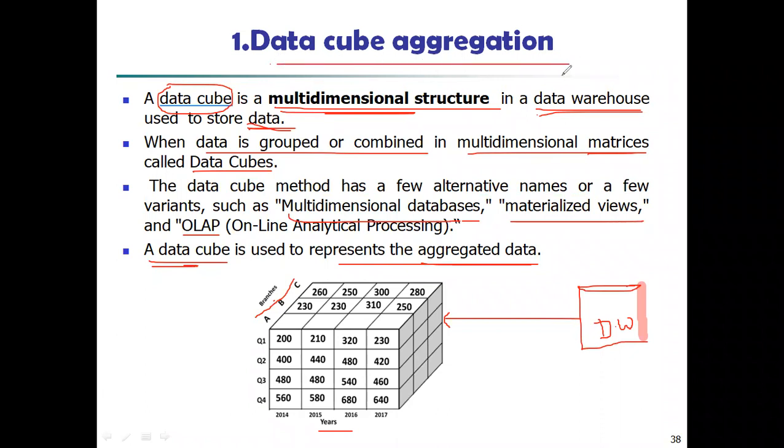So here we are going to perform the aggregation on the data cube data by using some OLAP operations, but now we are not discussing OLAP operations. Just here we are going to see how the data cube data is going to be aggregated. Clear?